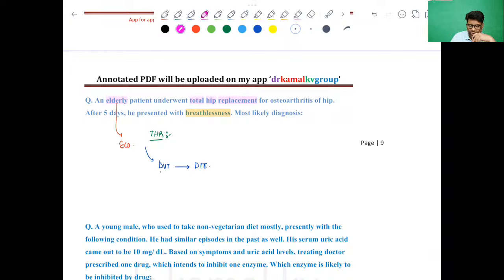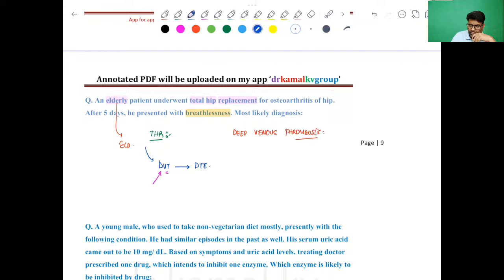So this thromboembolism is because of deep venous thrombosis. So for deep venous thrombosis, there are two important points from the orthopedics point of view.